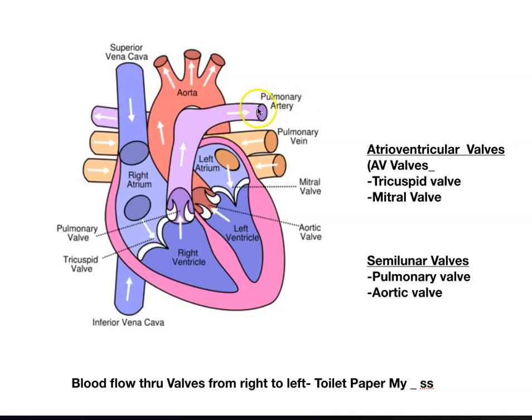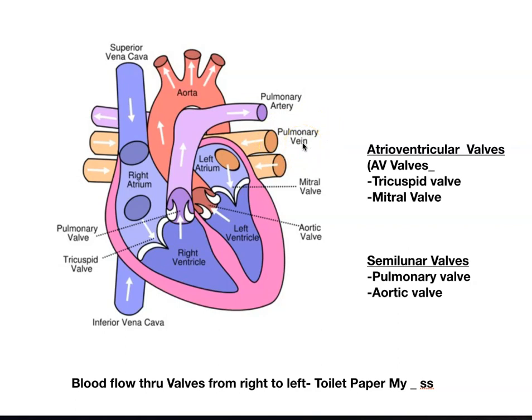So we take blood away from the right ventricle, we take it to the left and right lungs, where it's going to get rid of the CO2 and pick up O2. And then we're going to bring blood back to the heart, to the left side of the heart, through these structures called pulmonary veins.